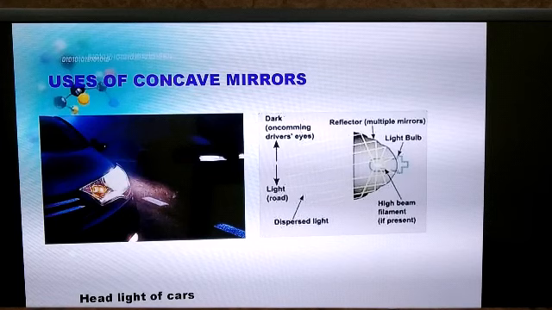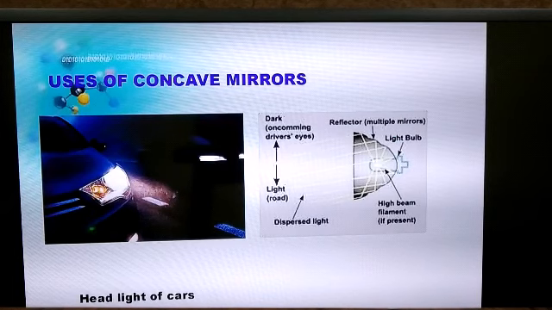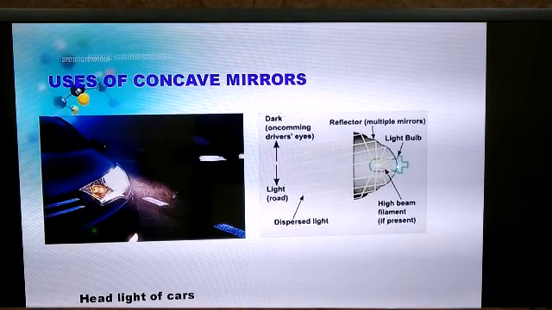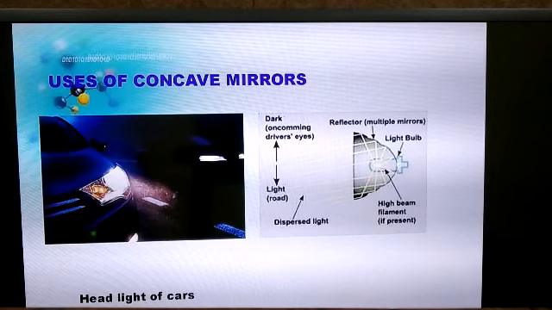Concave mirrors are used in the headlight of cars. In the headlight of cars, just like the torches, a source of light is kept at the focus of the concave mirror. So here you can see this is the source of bulb. Here when this source of bulb will emit light, the rays of light will fall on this concave reflector.